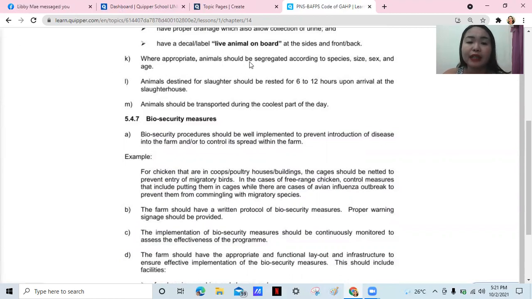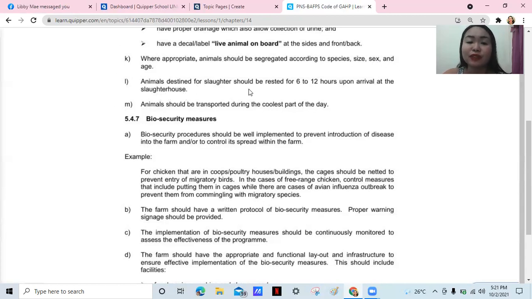And where appropriate, animals should be segregated according to their species, like cattle, no, and size, so that the small ones will not be trampled. Of course, sex, because they might start breeding, and age.